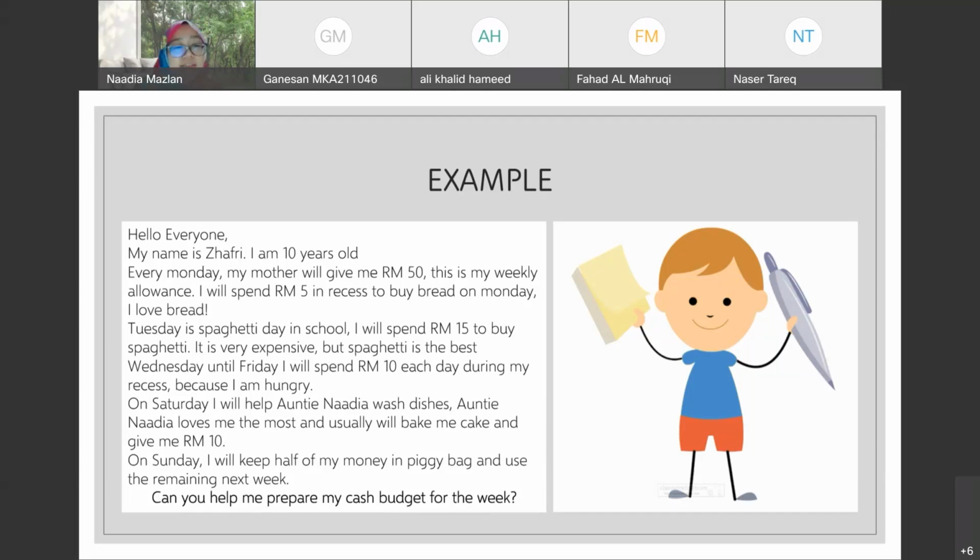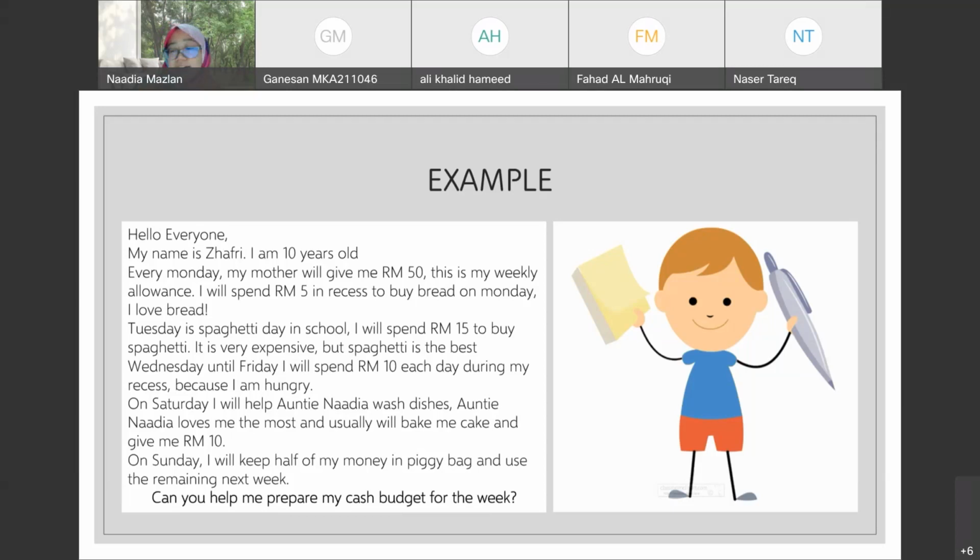On Saturday, I will help Auntie Nadia wash dishes. Auntie Nadia loves me the most and usually will bake me cake and give me an additional 10 ringgit on Saturday. On Sunday, I will keep half of my money in piggy banks and use the remaining next week. Can you help me prepare my cash budget for the week?